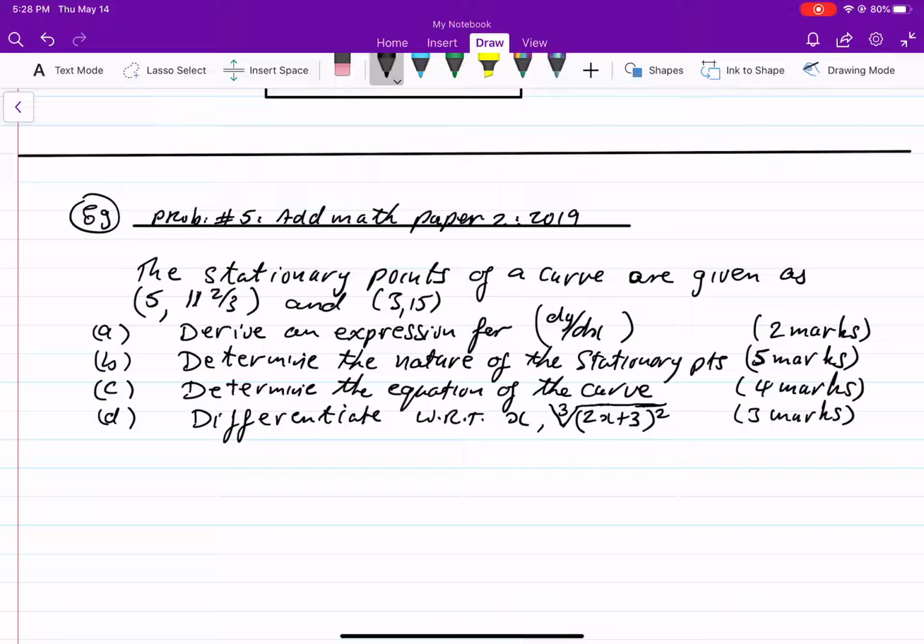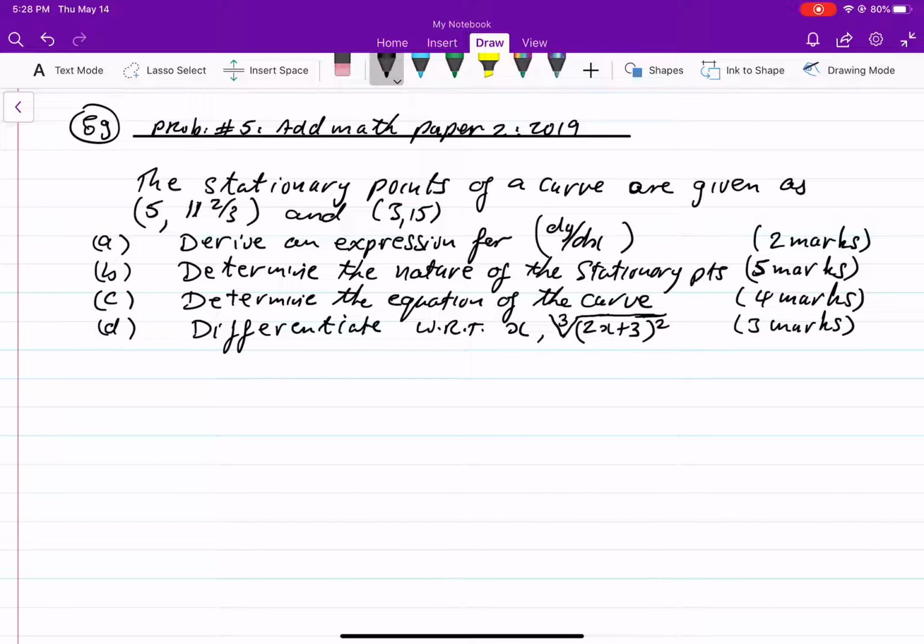Okay. First thing they ask you is to derive the expression for dy dx. And they gave 2 marks for that. The first thing you should be writing here is this. So for part A, at a stationary point, dy dx must be equal to 0. So, how did we get the coordinates of the stationary point? We had to take the dy dx expression, equate it to 0, and then solve for x.